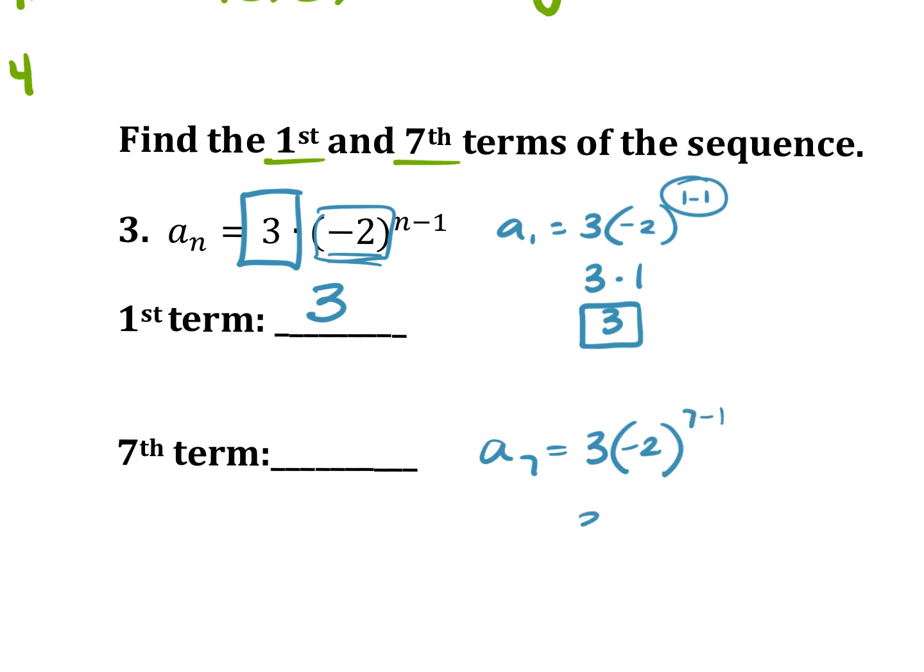Okay, so plug it in: 3 times negative 2 to the 6th power. Use parentheses. What do you get? That should be 192.